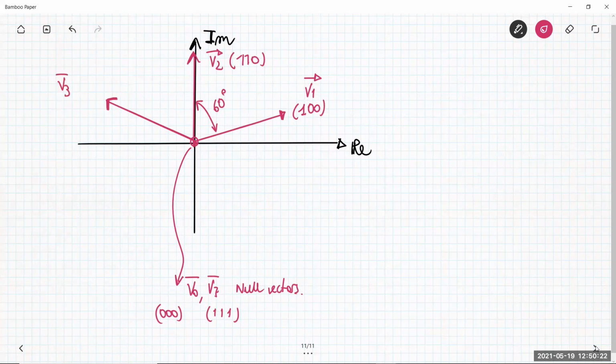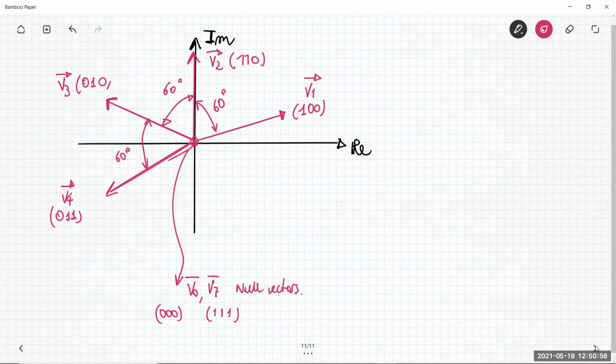This is V3, and this is the 0, 1, 0 switching word. Again, you have 60 degrees between V2 and V3. Then there is another one, V4, that corresponds to the 0, 1, 1 switching word, that is shifted again by 60 degrees from the previous one.